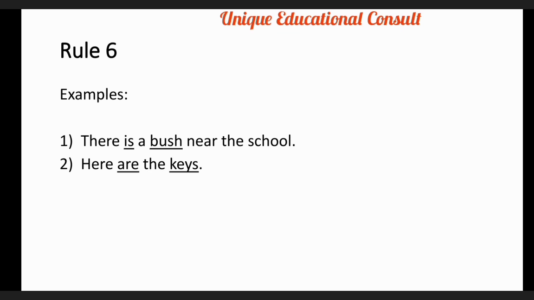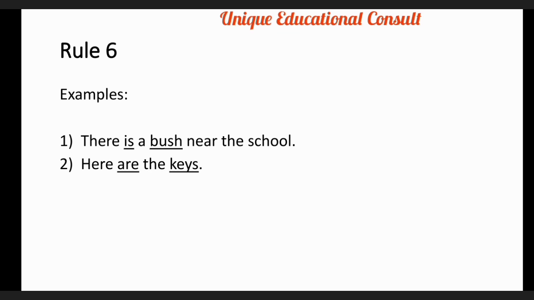There, we have bush as the subject, and we have is as the verb, which are both in a singular form. So you can see that we have there beginning the sentence. According to the rule, the true subject follows the verb. After is, what we have is bush. I hope this is clear.